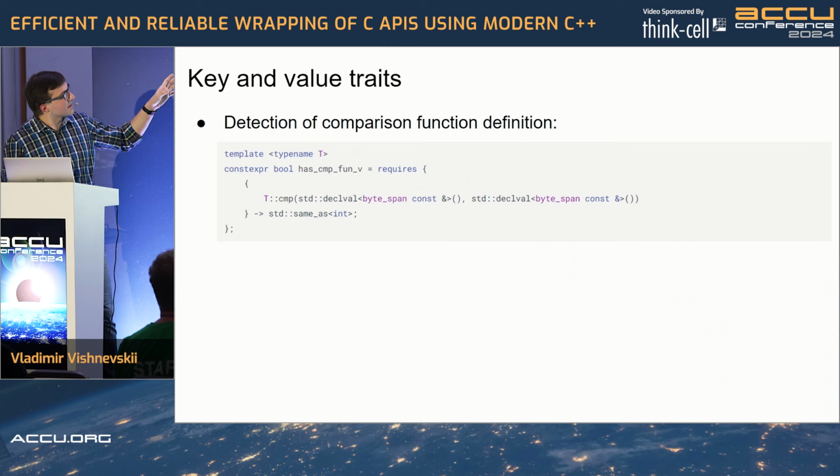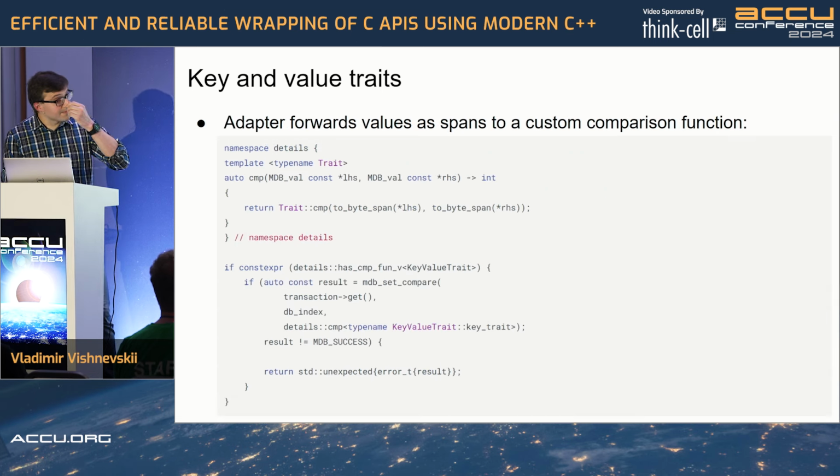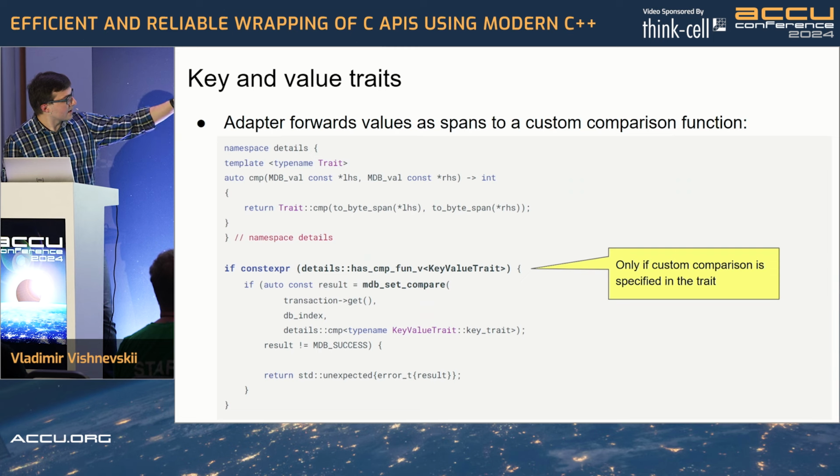The presence of this function can then be detected again using a requires expression, which can also be used as a substitution for various detection idiom implementations. If we have this comparison function, we can identify this at compile time and then set up the callback. If it was detected, we can use the setCompare function in our example.